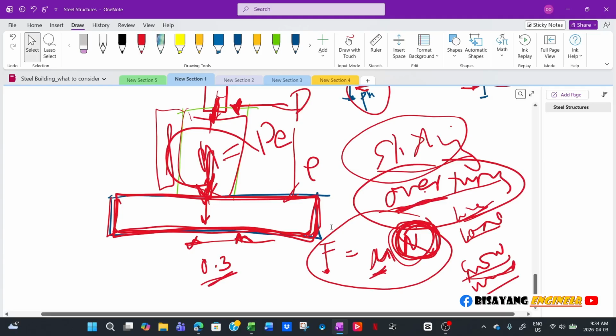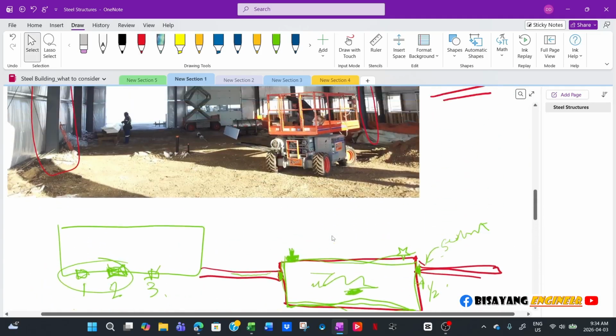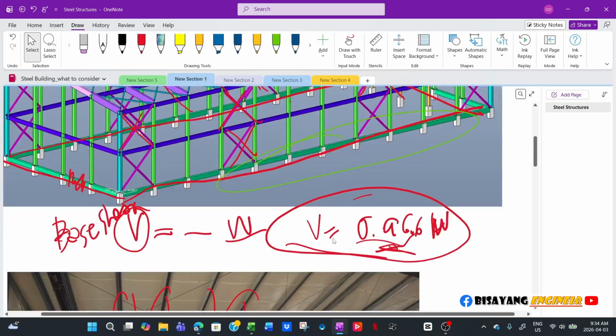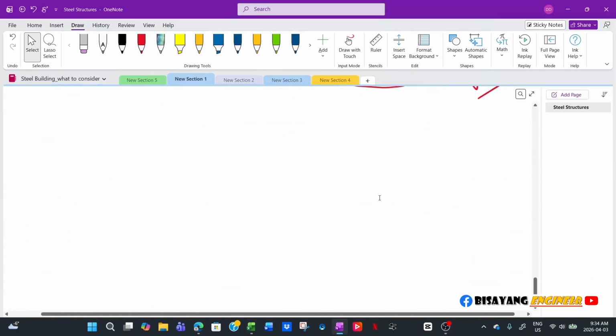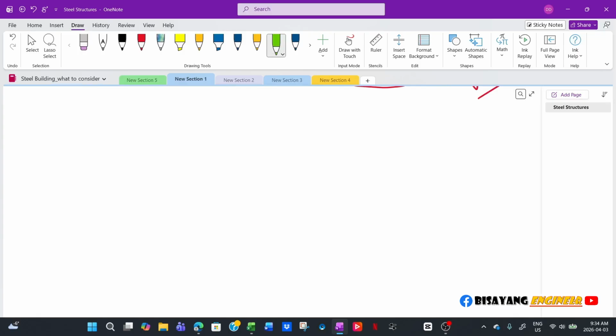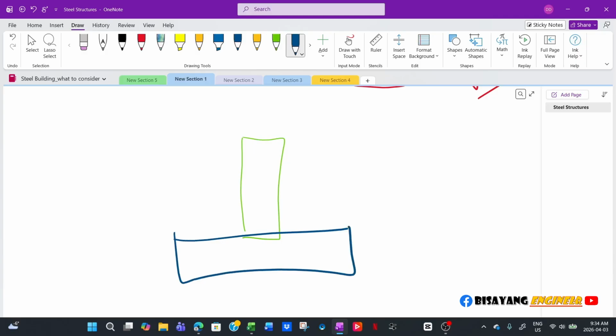Now, the other way: since you have a grade beam anyway, why not consider the passive resistance of that grade beam? For example, this is your pilaster, and this is your footing. You already have a grade beam here.